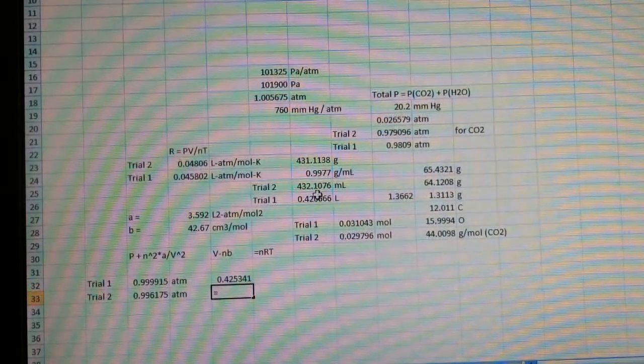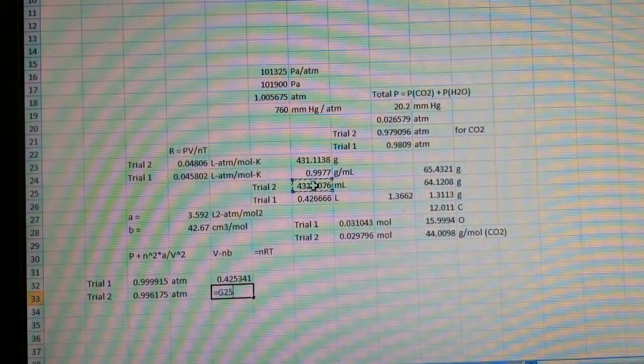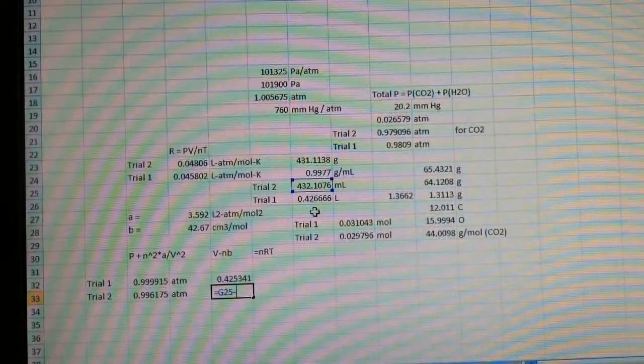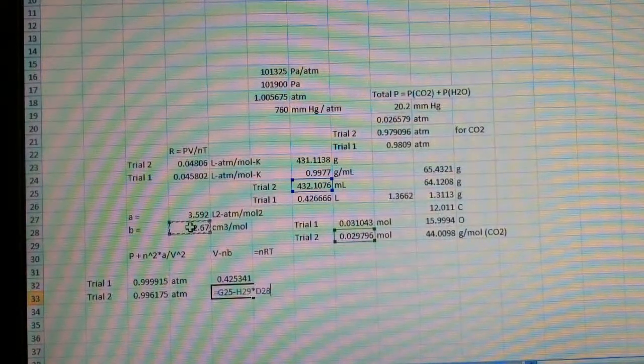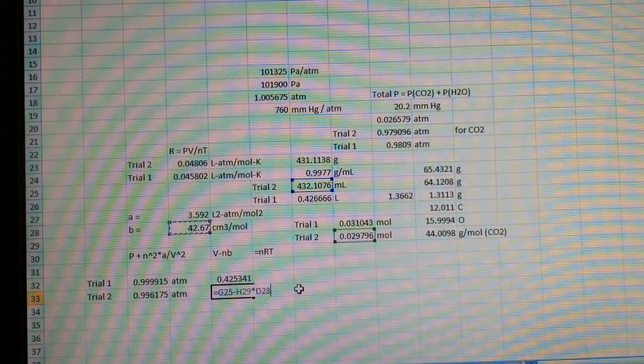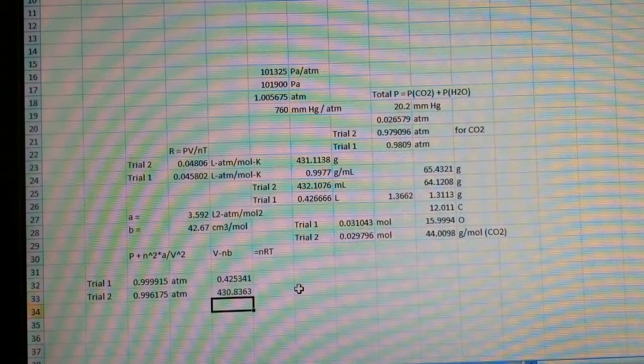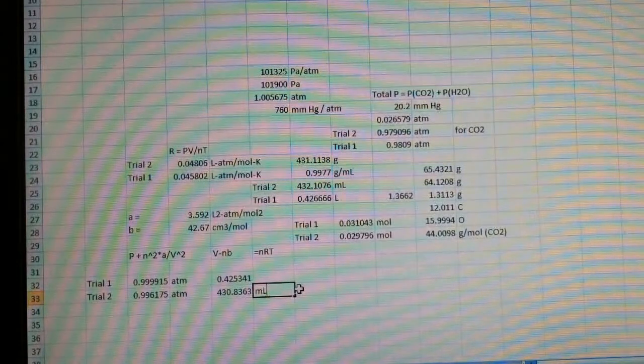Here I'm just going to use that volume in milliliters, subtract my moles for trial 2 times the constant B, which is in milliliters. Alright, so this will give me a result in milliliters, this one in liters.